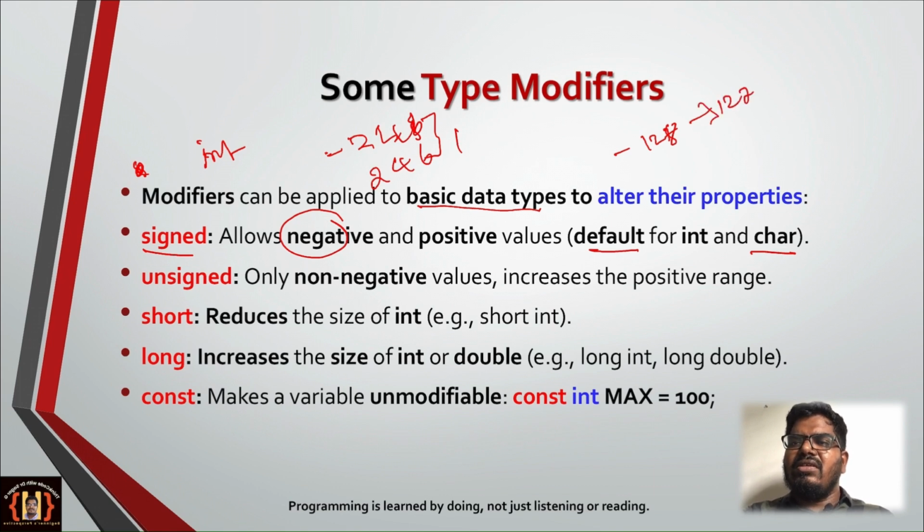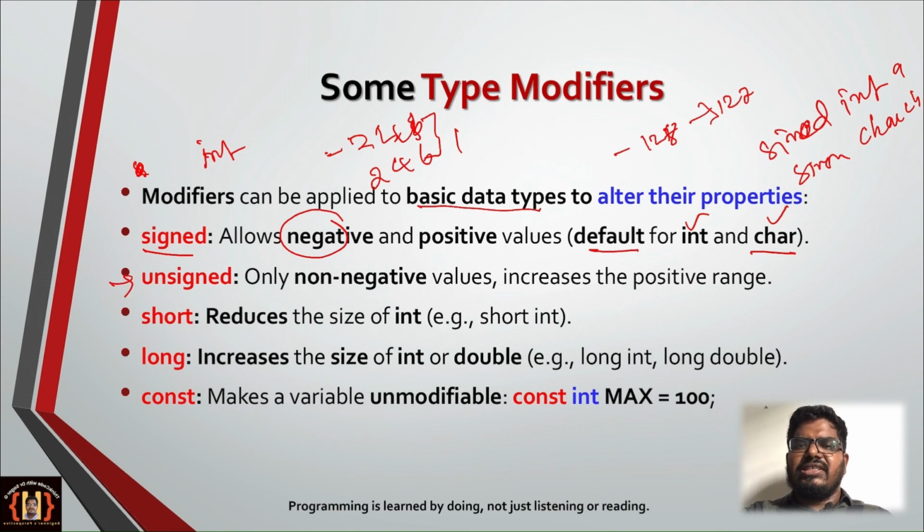That's why by default int and char are signed. If you don't mention signed int or signed char, some variable a or ch, you don't need to, because it is the default.